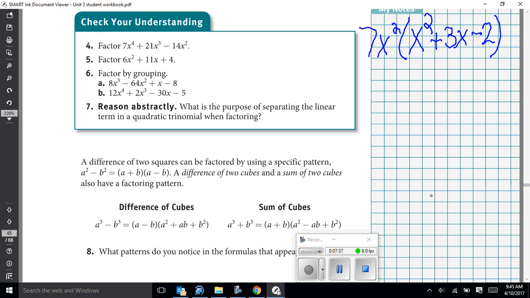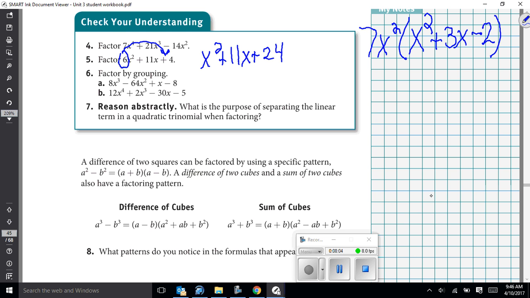Number 5. So we have 6x squared plus 11x plus 4. This one I would use slide and divide. Take this 6, slide it down to the end. So we have x squared plus 11x plus 24.